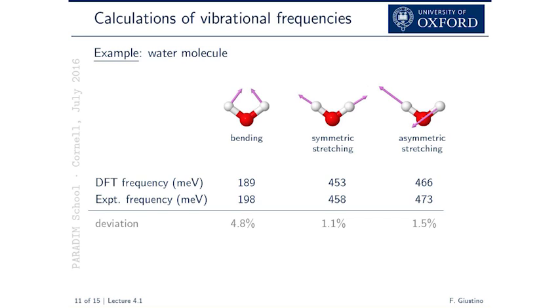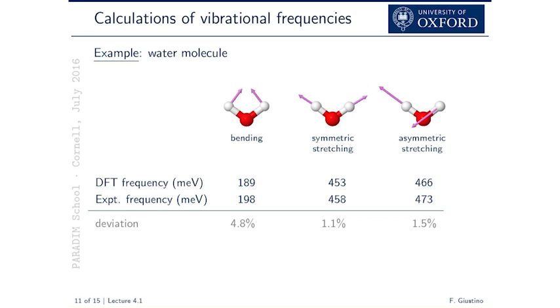So this mode is called the bending. Here they are doing that. So this is called the symmetric stretching. And then in this case, it's still stretching, but they're going opposite ways. So this is called asymmetric stretching. The reason for the naming is just visual. So people look at it and give these modes some names. Typically, the names are quite fanciful. It depends on the imagination of the person who finds them first.